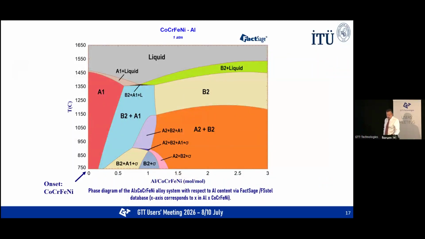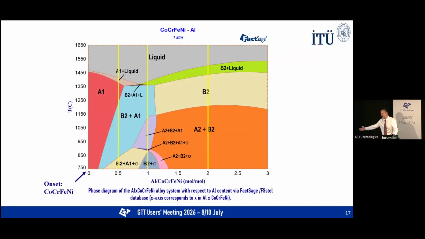When we want a comprehensive look at the whole study area, I like the way that FactSage can do it. This phase diagram clearly shows how increasing aluminum changes the stability of the multi-component alloy system. As you see, the starting point, the onset, is a 4-component alloy system, and now we add aluminum.